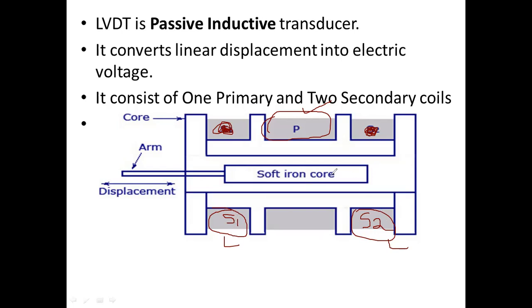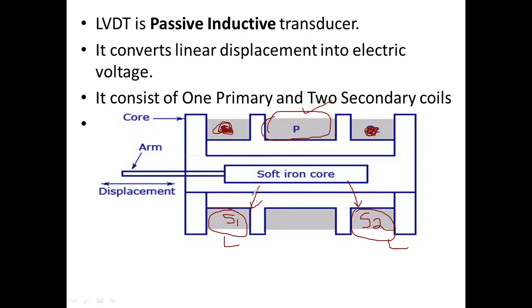So the mutual inductance is connected to S1 and S2. If the soft iron core is at the center, then the flux linkage to the secondary windings S1 and S2 will be equal.